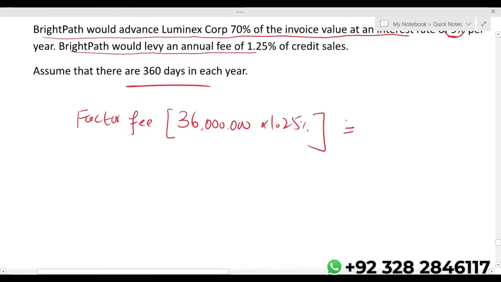So 36 million. Students, I'm getting 450,000. Obviously negative because we are paying a fee to the factor.